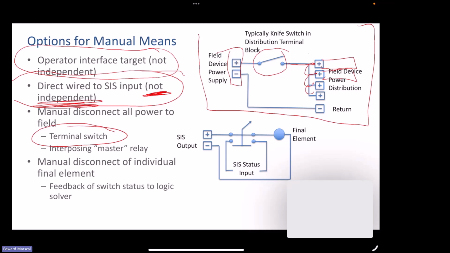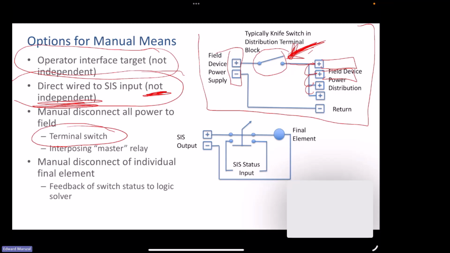The other thing is that this switch has to be located close to where this power distribution is. And this distribution is generally going to be in the field. So if you're doing the traditional modern approach of a centralized control room, and your PLCs are in a remote instrument enclosure in the field, the board operator is not going to be able to flip this switch because they're a mile away.